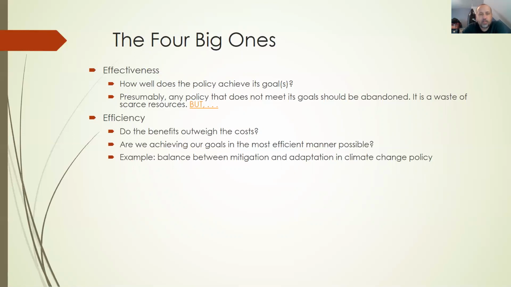Or do we accept the fact that climate change is occurring and is going to occur, and maybe place a little bit more resources on adaptation, on adapting to a changed environment, of putting money into research and development of technology and other things so that we can continue to grow crops, we can continue to live in certain parts of the world, and that kind of thing? And it really comes down to an argument about efficiency. Where is it most beneficial for us to focus our limited resources?